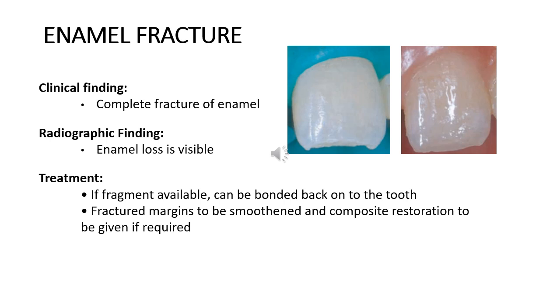And in the third scenario, if the fractured fragment is available, it can be repositioned and bonded to the tooth. Over time, periodic assessment of such teeth is recommended, and a clinical and radiographic evaluation can be done at 6 to 8 weeks and 1 year.